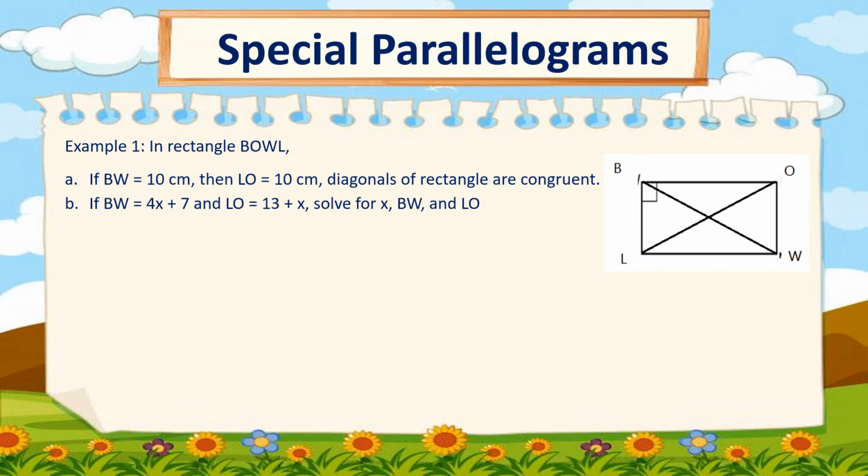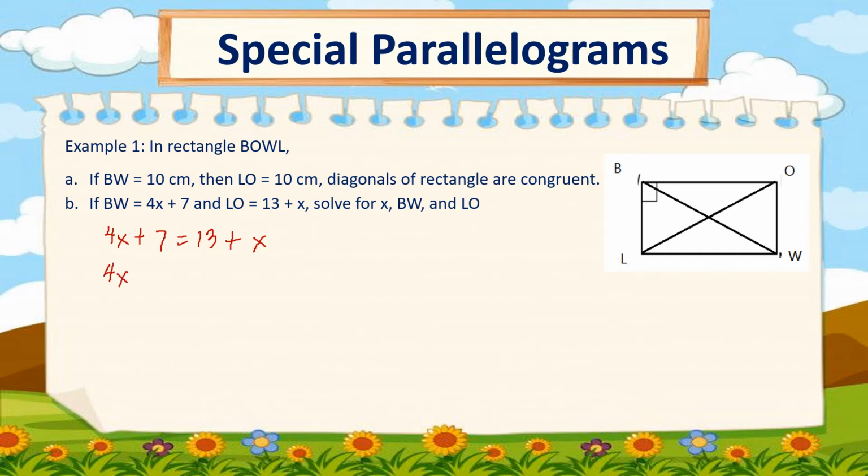Next, if BW is equal to 4x plus 7 and LO is equal to 13 plus x, solve for x, BW, and LO. Since the diagonals of a rectangle are congruent, we can equate 4x plus 7 and 13 plus x.